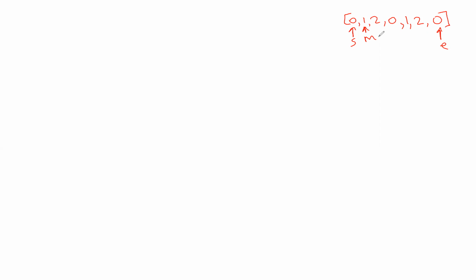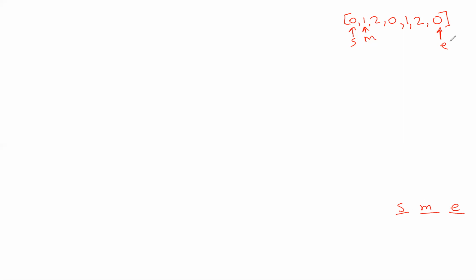So when we get into our loop, we'll already have M starting at 1 and the others starting at their proper positions. Let's make a little chart to go through M and E. While M is not greater than E, we're going to keep looping. Once those two meet, we know we've gone through the entire array.